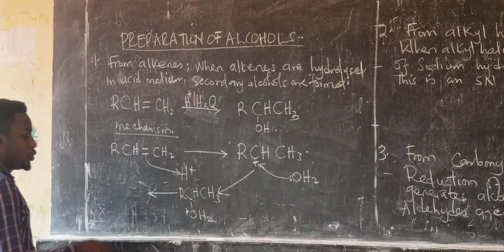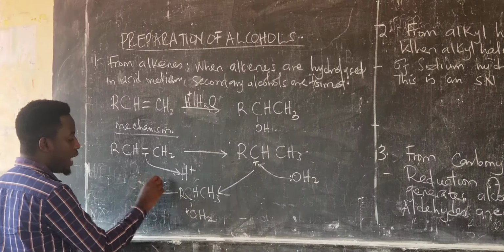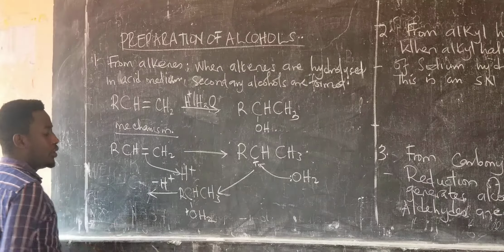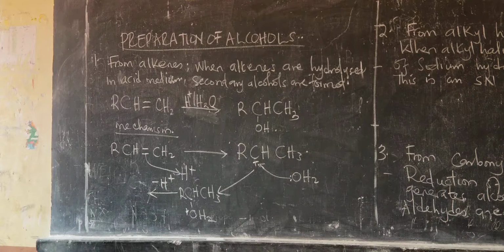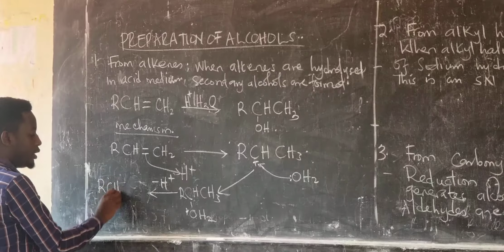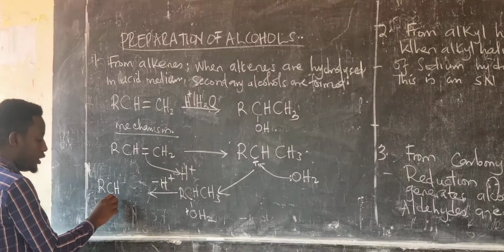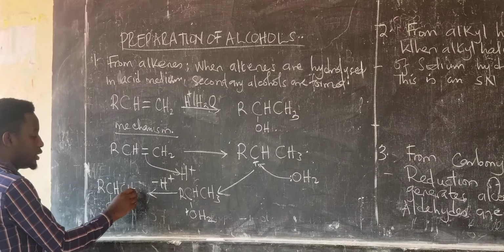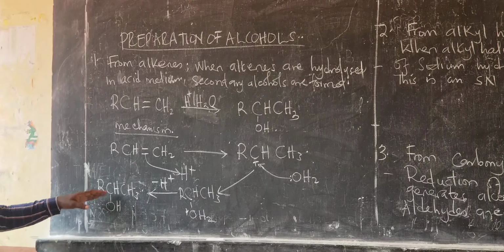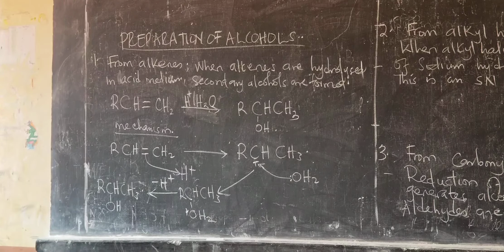And therefore, to neutralize the positive charge, one of the hydrogen atoms breaks off as a hydrogen ion on the OH2, leading to the formation of RCHOH, then CH3. So this is a secondary alcohol that has been formed. I hope we are together at this level.